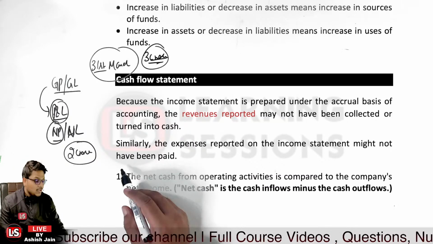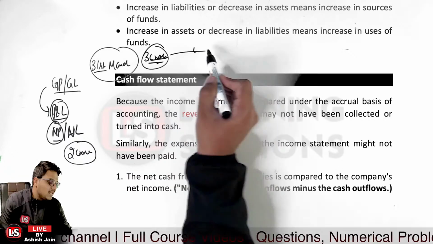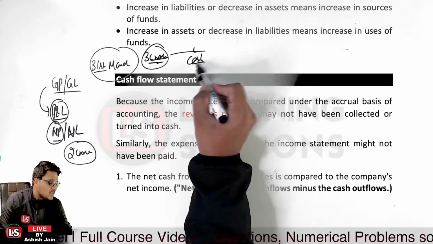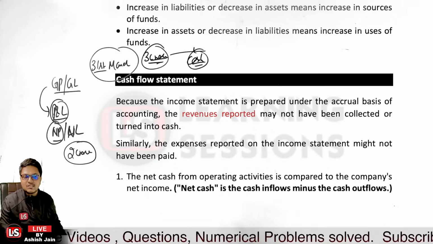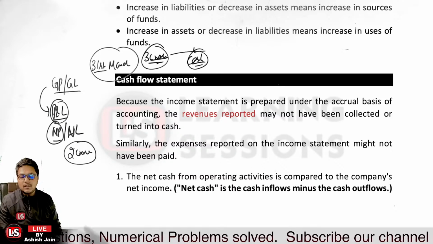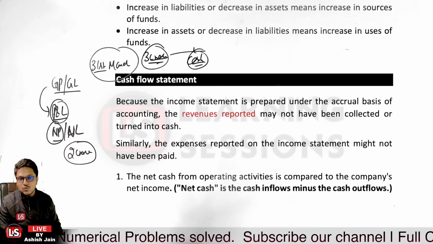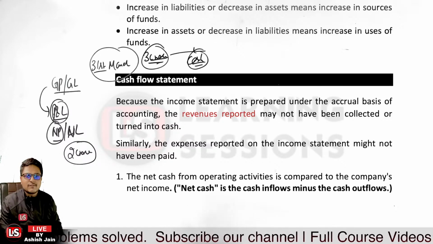But this will not be the case that the 3 crore amount will be paid in cash. So the cash structure can be different from the fund statement itself. That is basically why the cash flow statement must be there, so as to look into the actuality of the cash available.